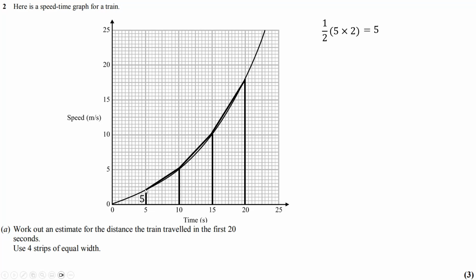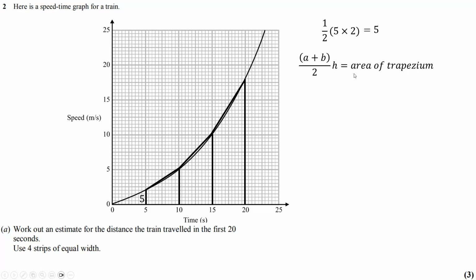Now this one, you could split up into a rectangle here, and then a triangle here, and then add the two areas together. Or if you remember I said this was called the trapezium rule, this is actually just a trapezium, where this side is a, this is b, and this is the height h. So it's just a trapezium flipped on its side. This is the formula for the area of a trapezium.